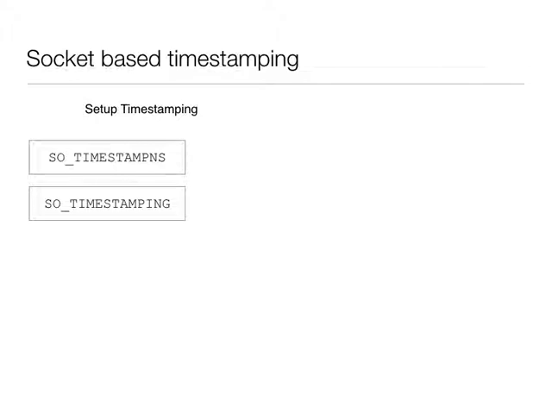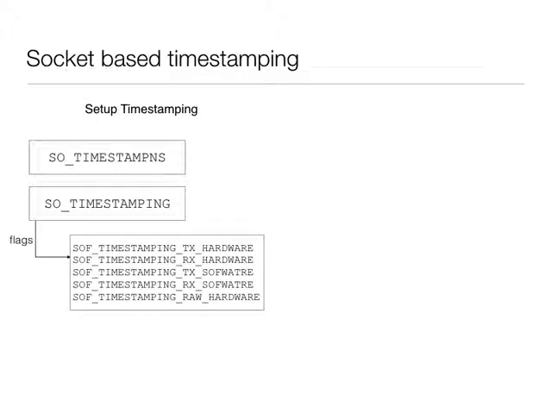And then this other one you specify for hardware timestamping. You also specify certain flags to further elaborate what sort of timestamping you need. TX hardware means that you are going to timestamp the transmitted packet in hardware. RX hardware means you're going to timestamp the received packet from someone else in hardware.